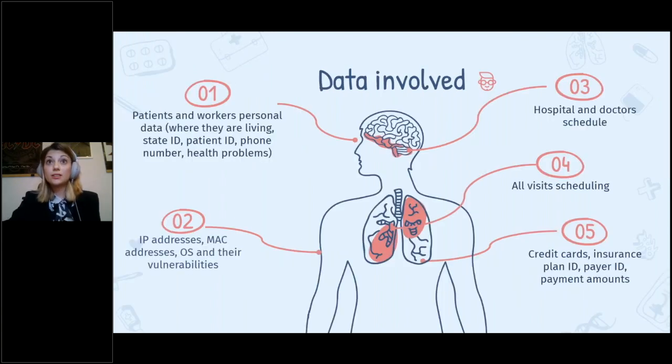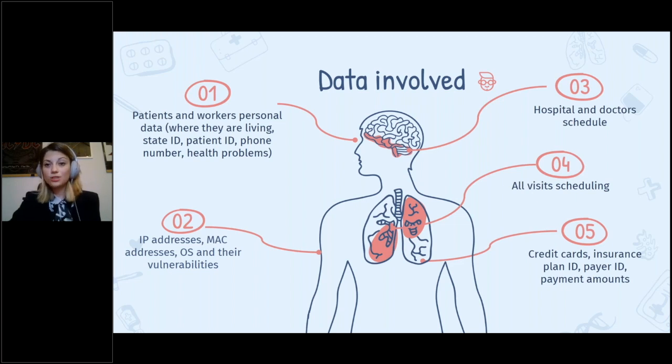So let's talk about data involved in attacks. Data involved could be patients' and all hospital workers' personal data, for example, where they are living, their state IDs, their patient IDs, their phone numbers, and their health problems. Also, all visit scheduling is involved.